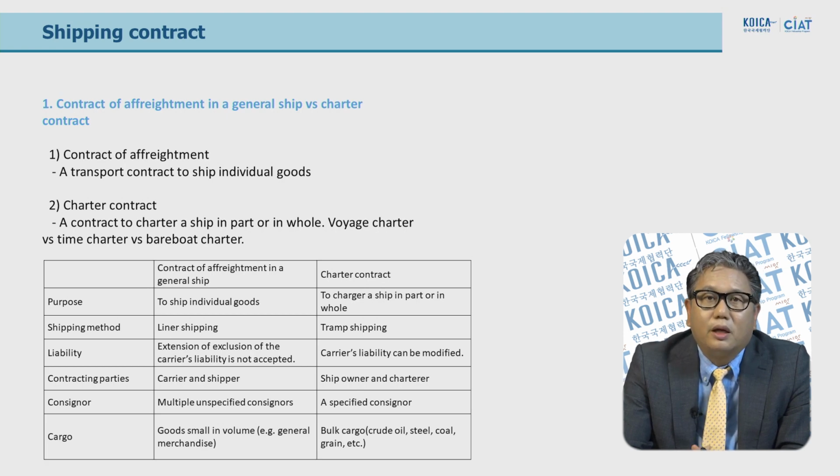The second is the charter party contract. This is an agreement to charter a ship, in part or in whole, to transport cargo. Types of charter contracts include the voyage charter, the time charter, and the last is the bareboat charter.